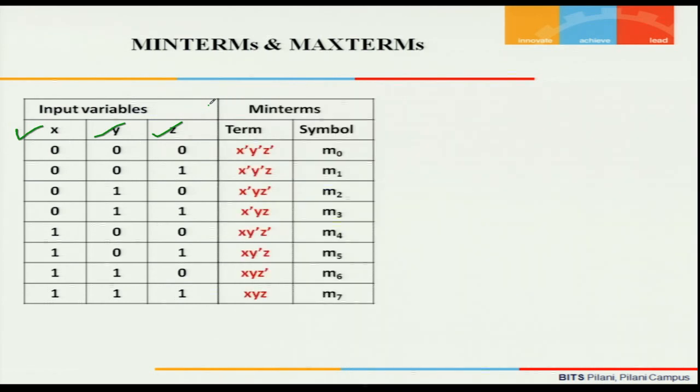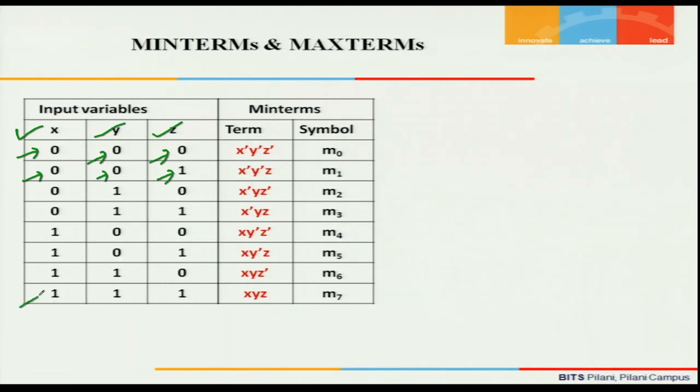So, for a 3 variable function with variables x, y, z, the possible min terms are listed here. For example, if x is 0, y is 0, z is 0, we represent this as x bar, y bar, z bar. If x is 0, y is 0 and z is 1, we represent this as x bar, y bar, z.